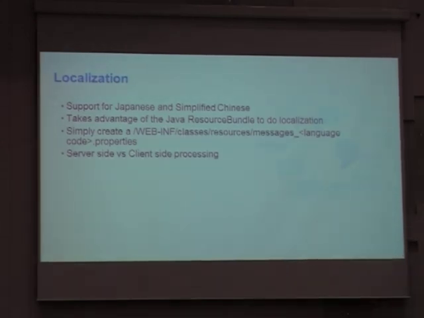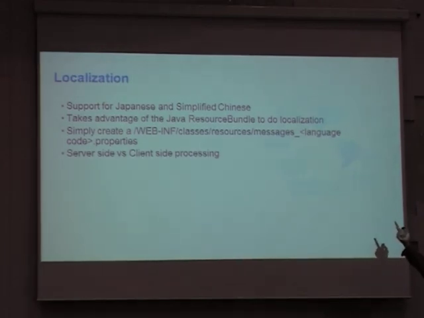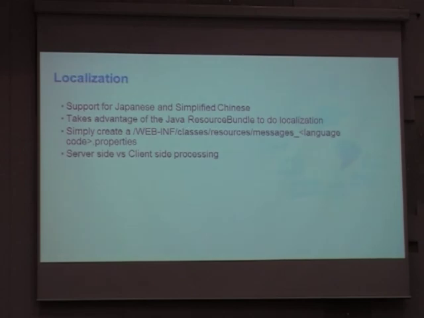So if you ever wanted additional languages that's not Japanese or simplified Chinese, let's say German or French, you can just take the English file, copy it, create another file called messages.fr for French, replace all of the English definitions with French, and put it right into the WEB-INF/resource directory, and you will instantly have support for the French language.